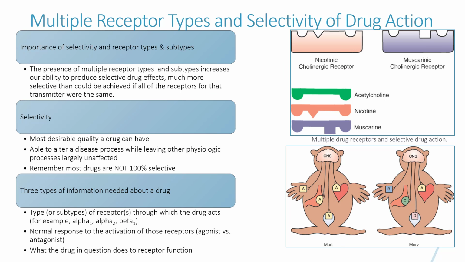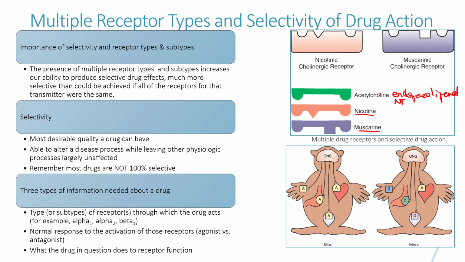Now, we've talked about many different receptors and receptor subtypes, and again, I'm going to show these two diagrams. In the diagram in the top right, you have acetylcholine, which is the endogenous ligand and the neurotransmitter, right?